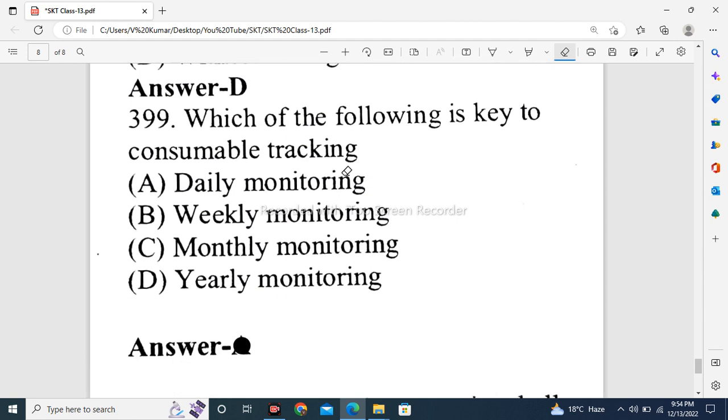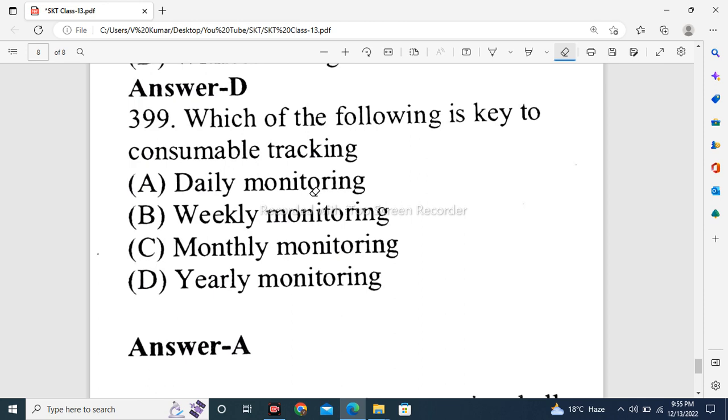नेक्स्ट है which of the following is key to consumable tracking? A. daily monitoring, B. weekly monitoring, C. monthly monitoring, D. yearly monitoring. आंसर है A daily monitoring. Which of the following is key to consumable tracking?